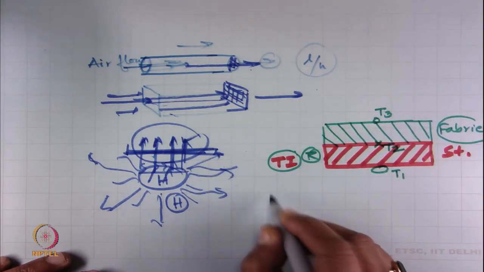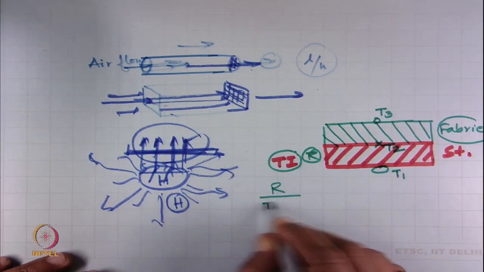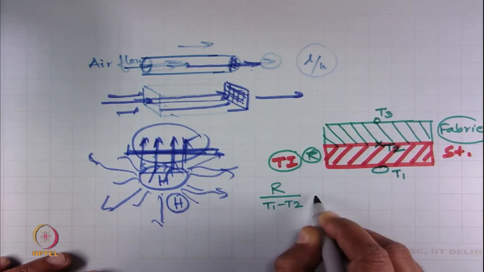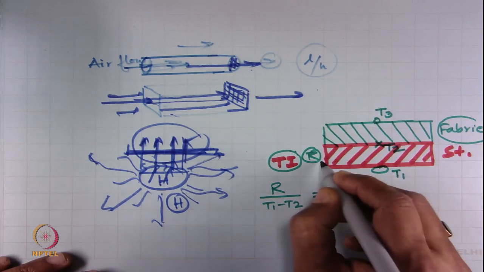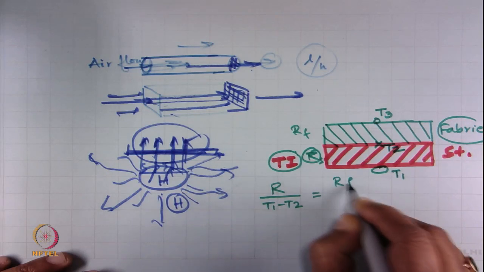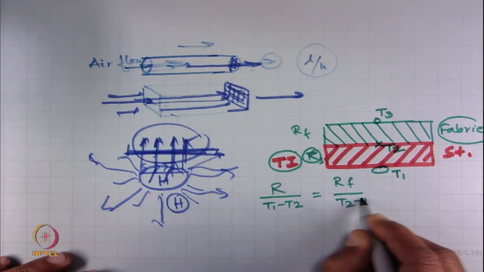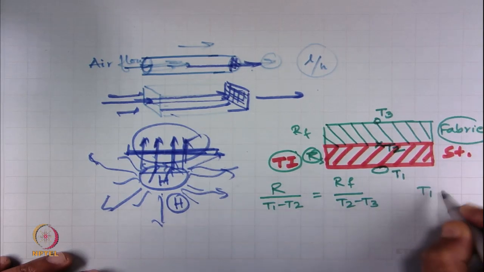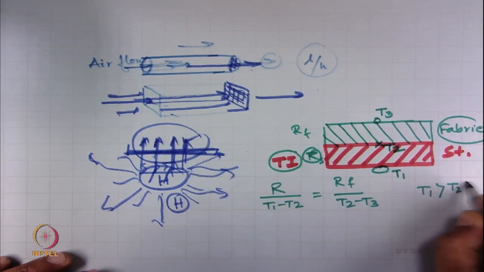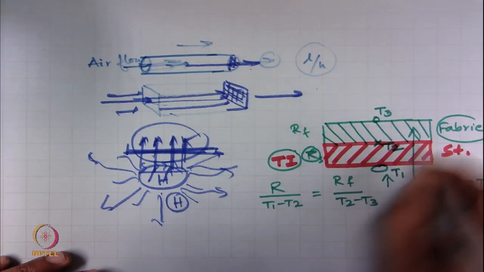That means, R standard by T1 minus T2 equals R of fabric by T2 minus T3, where T1 is more than T2 is more than T3, because this is the heat source and heat is flowing through this.